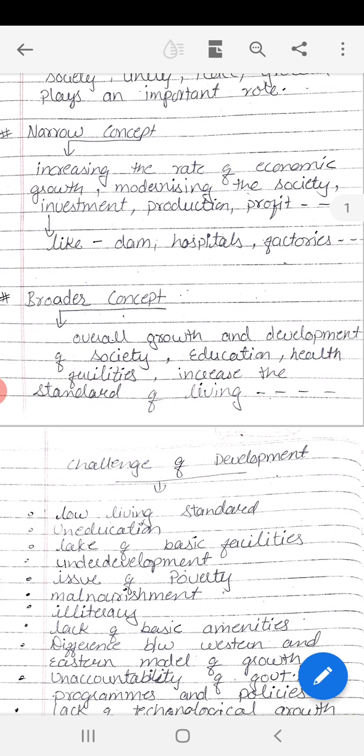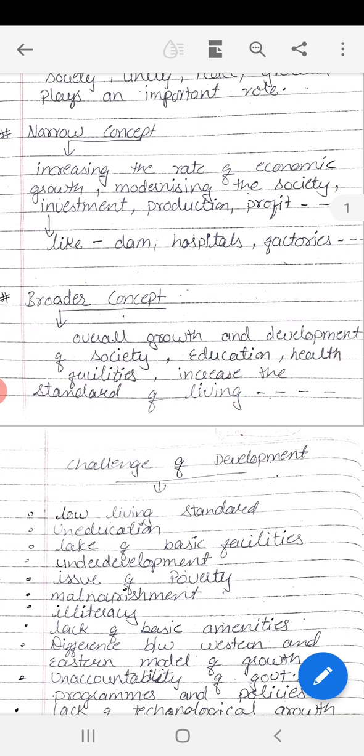Means in the previous time period it was very limited to fulfilling or satisfying the demands of the citizens, like fulfilling basic needs, means education, clothing, housing facilities, a few sources of employment, all that. But in the modern time period, the term development refers to the luxurious life, or a high standard of living, the lavish way of life.